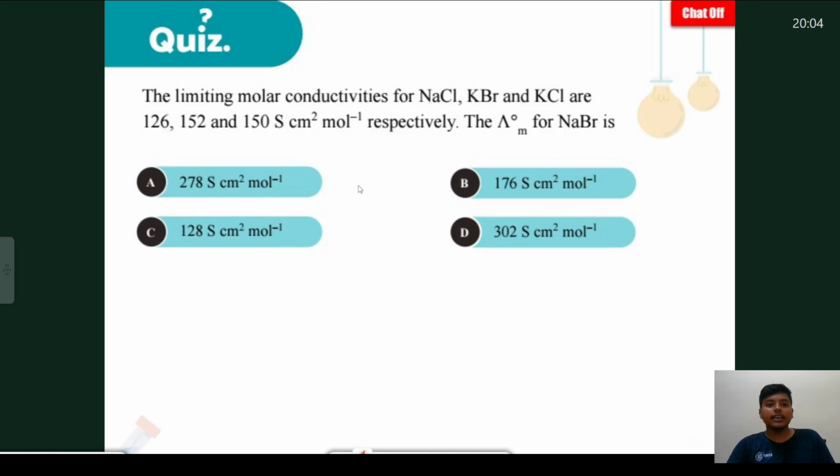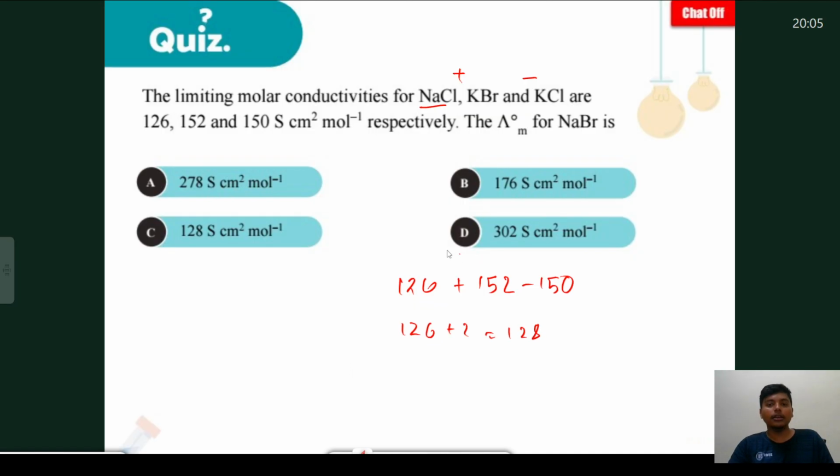Okay, now see, check. So what do I have to do? See, Na, this plus this minus this. Yes or no? So 126 plus 152 minus 150. So what will it be? 126 plus 2, 128. Okay.